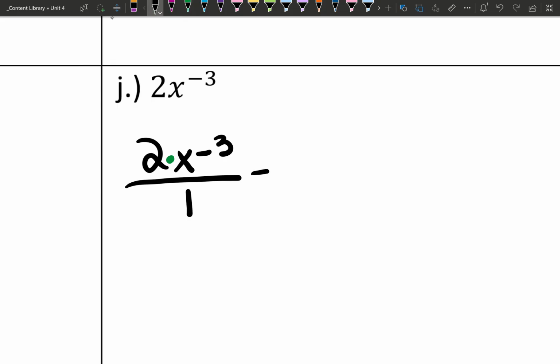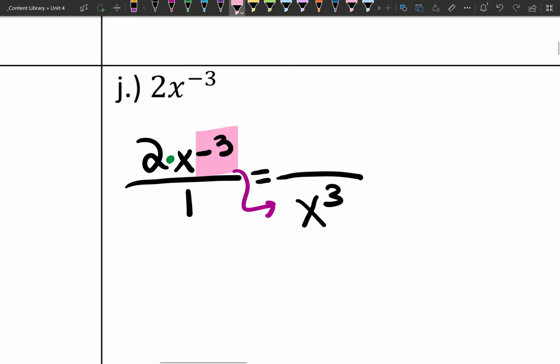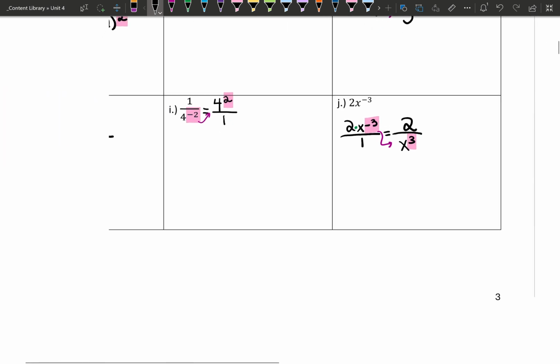So in this problem, when I set it equal to a fraction, the only thing that the negative 3 affects is x. So I'm only going to take x and change it to a positive 3 on the bottom of my fraction. The 2 stays on top. So be mindful. Numbers and variables are separate. They are separate entities. Okay, let's continue.